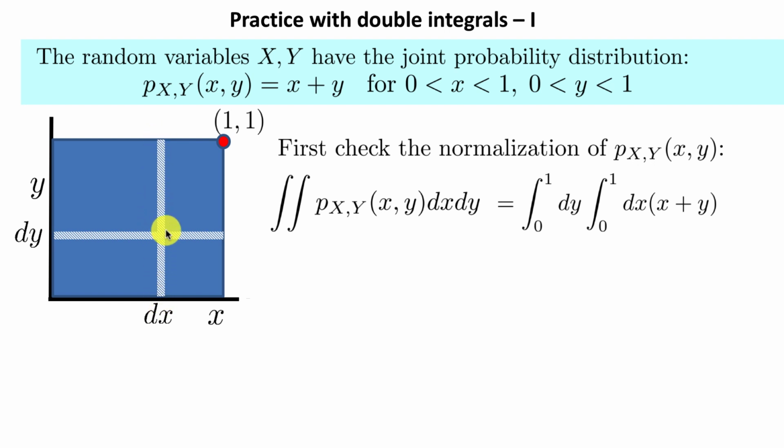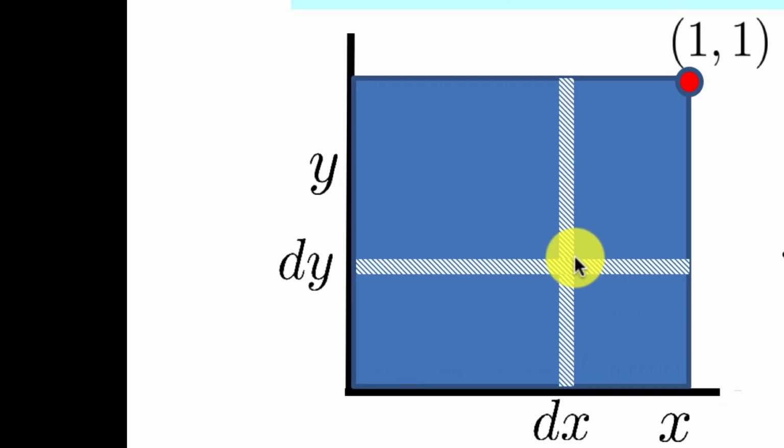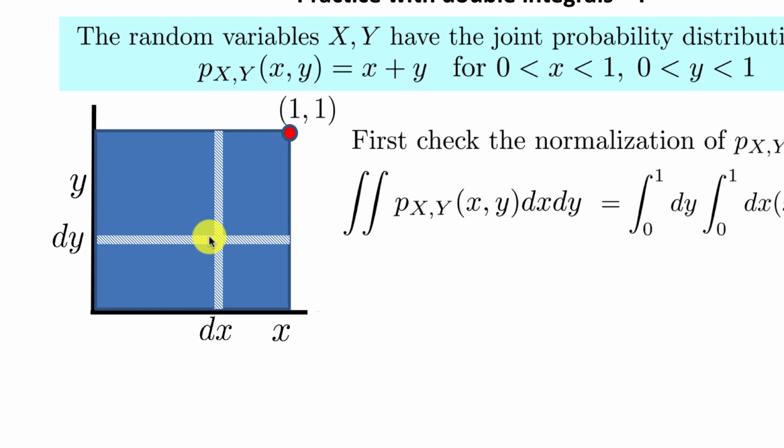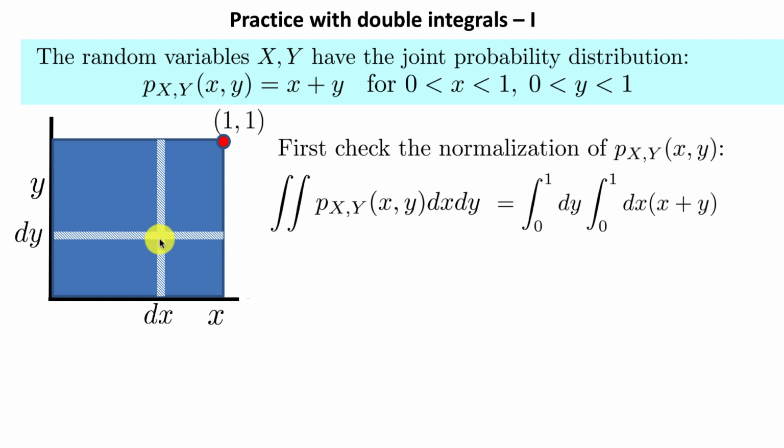This square over here of thickness dx and dy is the little bit of area, and so basically what we're doing is adding up all the little areas over here weighted by the probability distribution function x plus y. You could ask, could we have dx over here and dy over here? The answer is absolutely yes. There will be no difference in terms of the answer. But now let's proceed with the integration.